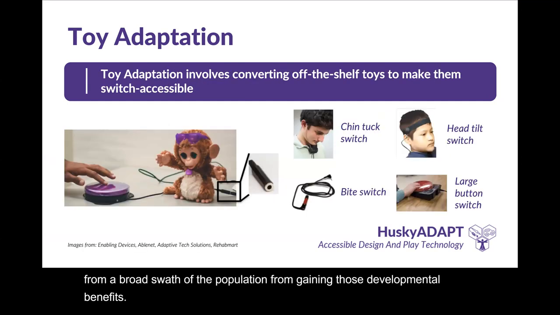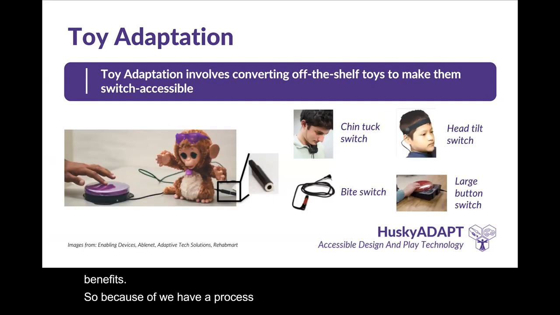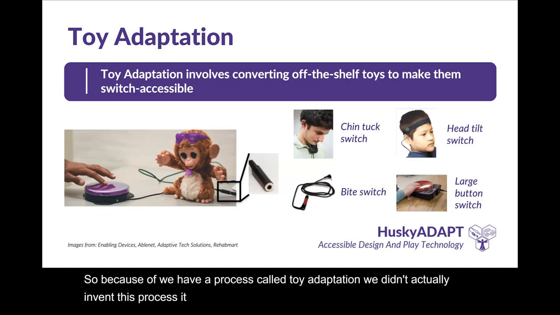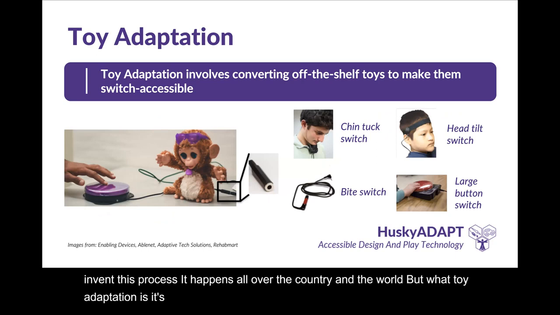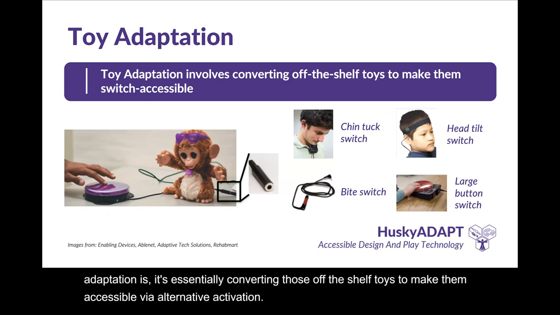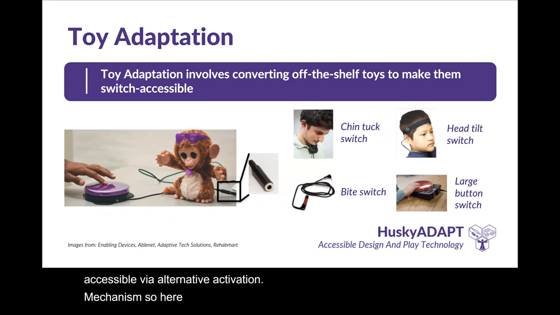And because of this, we have a process called toy adaptation. We didn't actually invent this process. It happens all over the country and the world. But toy adaptation is essentially converting those off-the-shelf toys to make them accessible via alternative activation mechanisms. Here I'm showing you on the screen a few different switches that exist.